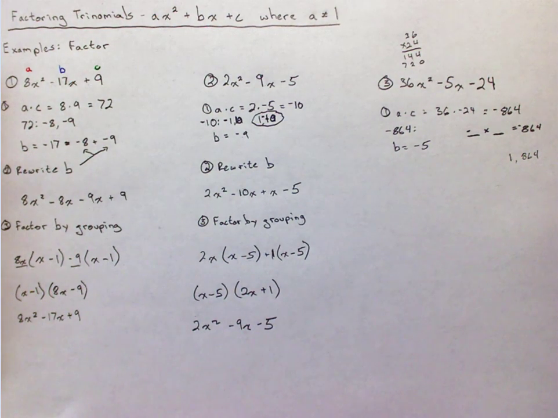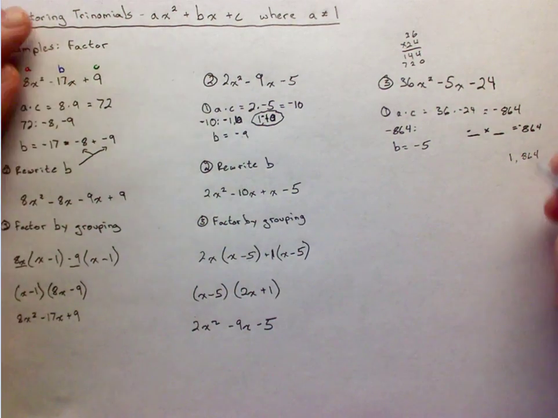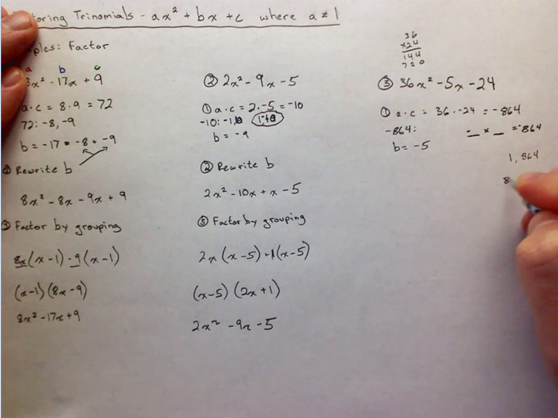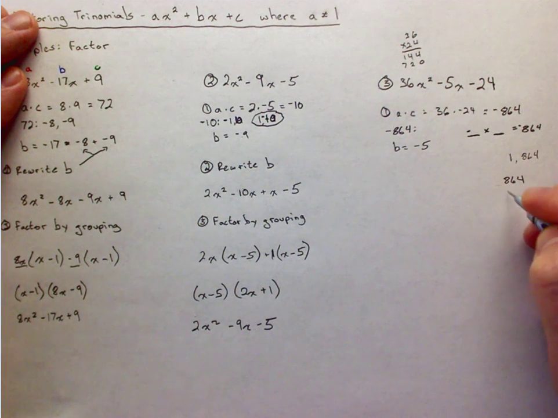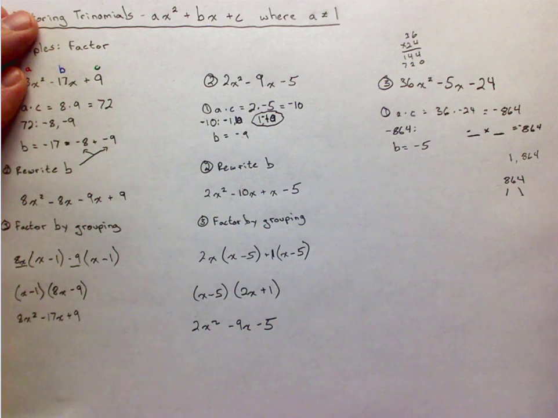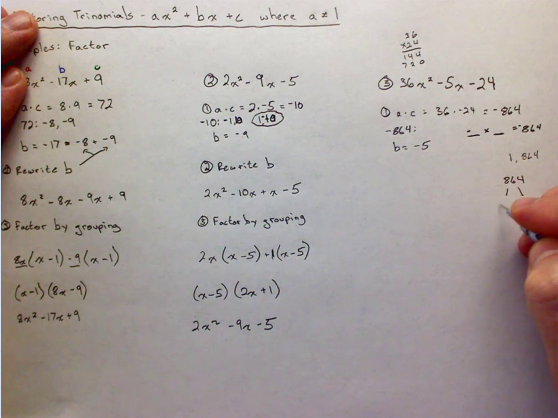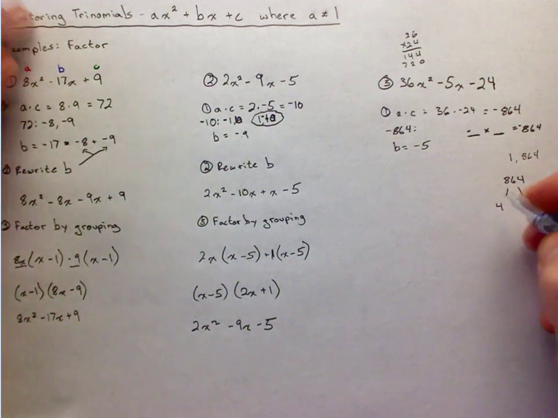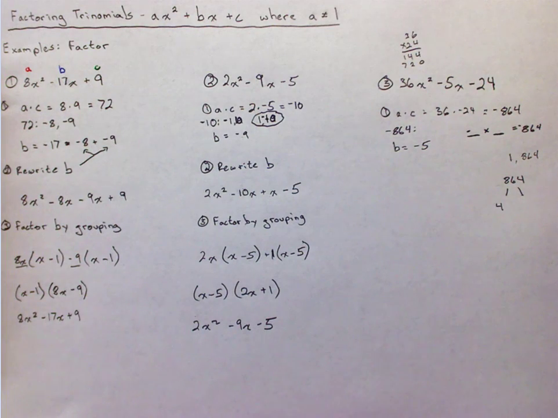So I'm going to use a factor tree. I'm going to take 864 and start factoring it. I like using perfect squares to start off with. So I know that 4 will go into 864. It's 216, and I know 4 will go into 216. That's 54 times.